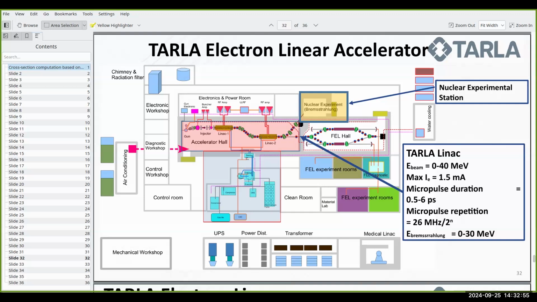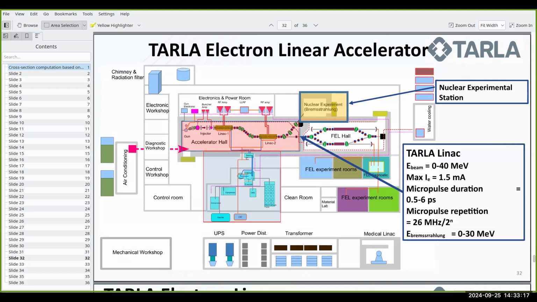After the first cryo module, we have 20 MeV, and finally, after the second one, we would have 40 MeV. So the accelerator would be able to produce anything between 0 and 40. In practice, it is more like 5 and 38, but to first approximation, that is that.